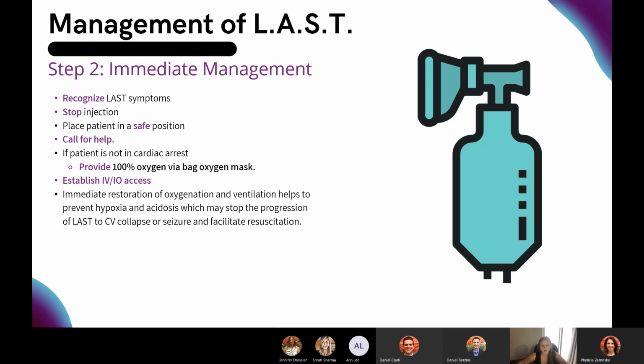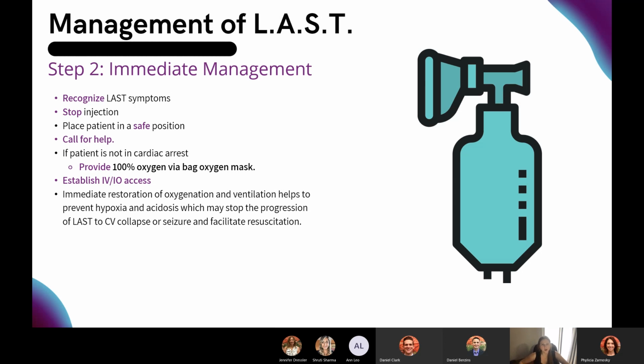And the reason why you want to provide bag oxygen is because if the intravascular injection causes cerebral toxicity, they can lose their respiratory drive. But if they are in cardiac arrest, you want to just go straight into the ACLS protocol.